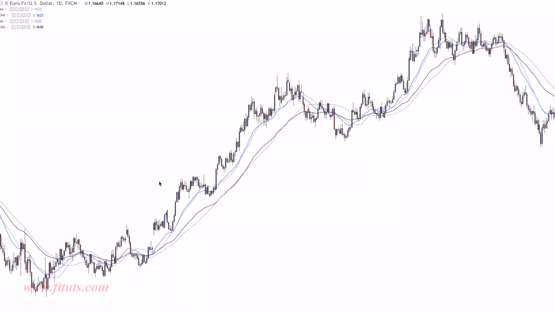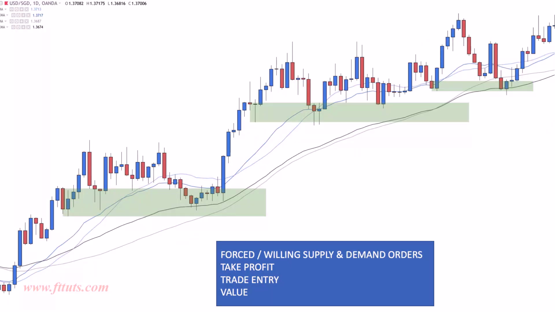So with that being said, again, what we're doing is looking for supply and demand equations, and it's the same exact logic when we're looking at demand or supply zones in confluence with moving averages. Who's buying, who's forced to buy, or where's the forced demand and where's the willing demand within certain areas.